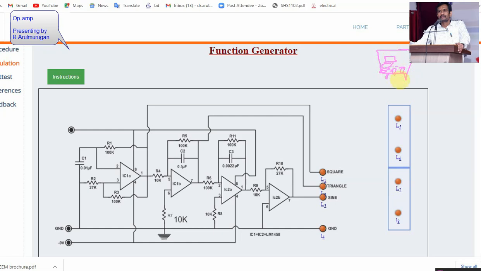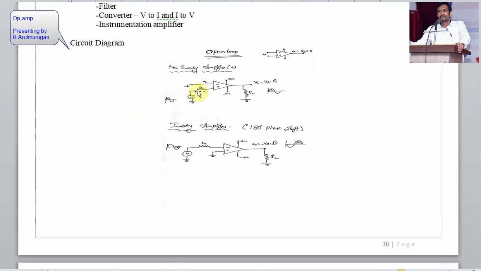Once you set it, there is a probe that you take outside, plus terminal with respect to the ground terminal. This probe you will give as an input of the operational amplifier. So far I have explained this, you can see here.